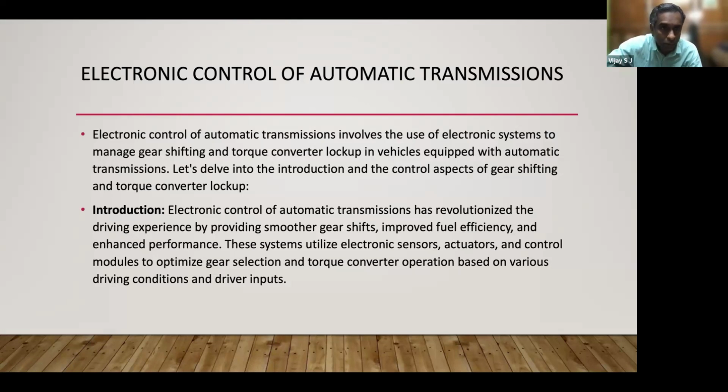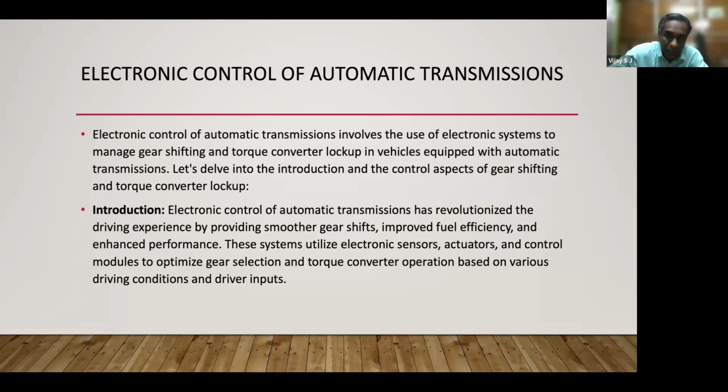So, as we were discussing, automatic transmission has a lot of electronics involved. I was talking about why we need electronics in automatic transmission. When you shift the gear from 1 to 2 or 2 to 3, you will experience a small lag.